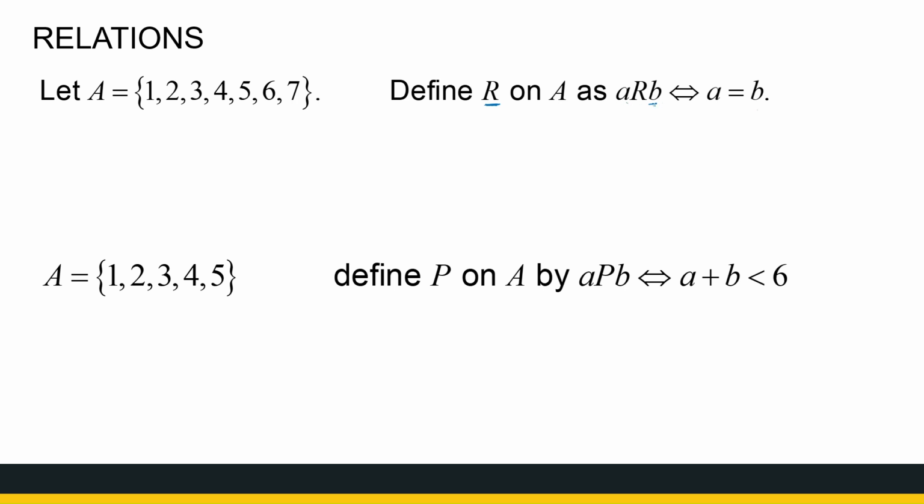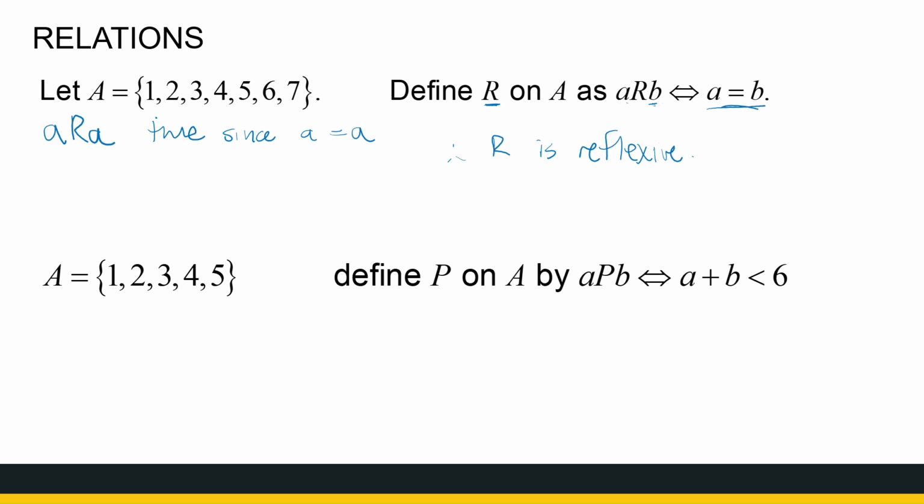So what this means is 1R1 is true, 2R2 is true, 3R3 is true, because that's how it's defined. So this one is actually, in its simplicity, true. If we look at aRa, that's always going to be true, since a is equal to a. R is reflexive.